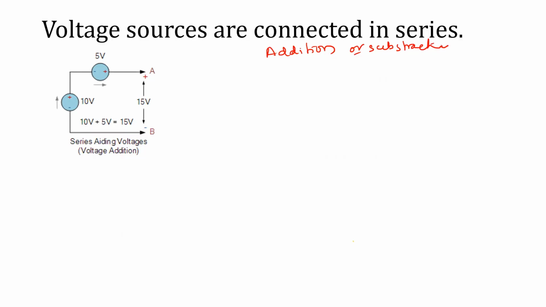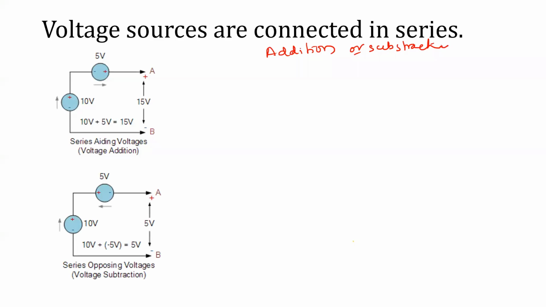So when voltage sources are connected in series, all voltage sources can be converted into a single equivalent voltage source, that is either the result of addition or the subtraction.